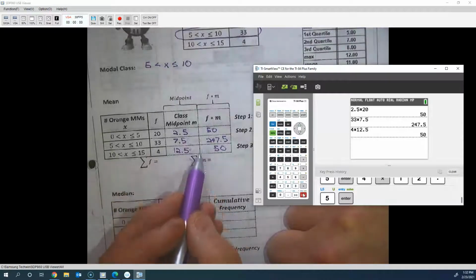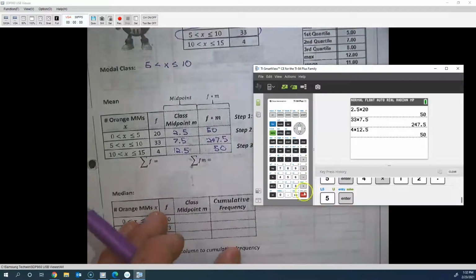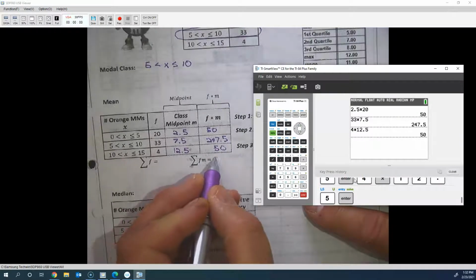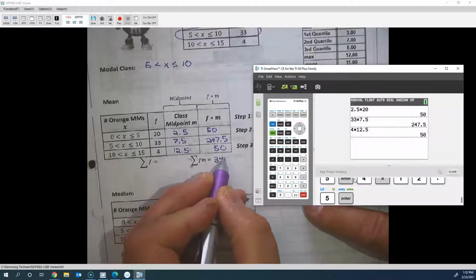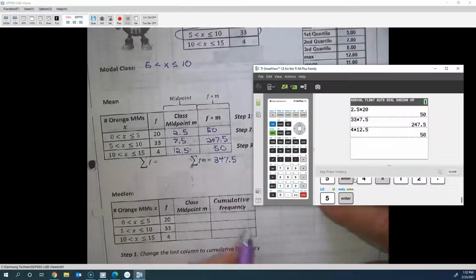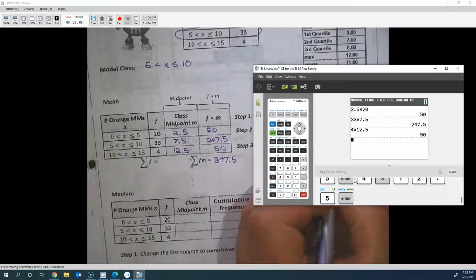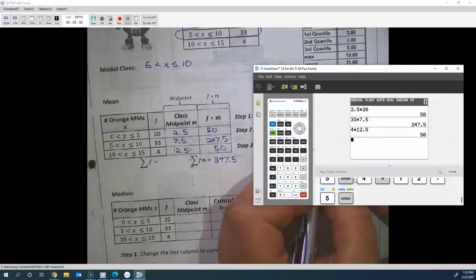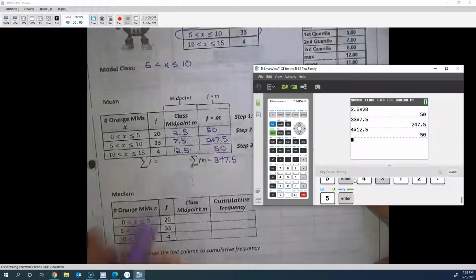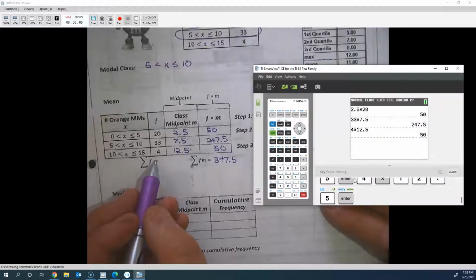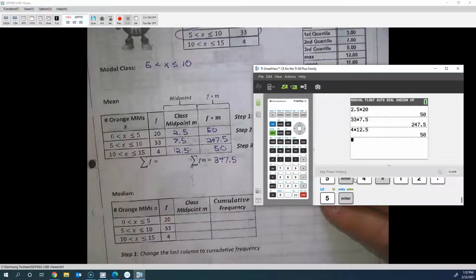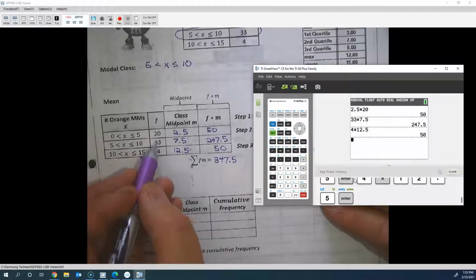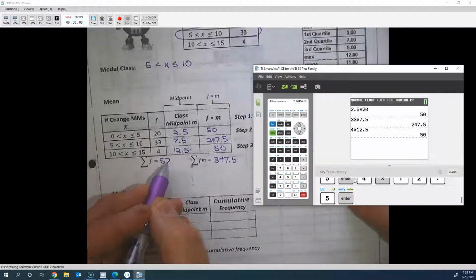So now we'll find the sum of this column. That's going to be 100 plus 247. And then the number of items that we have is going to be the sum of this column, which was 57.